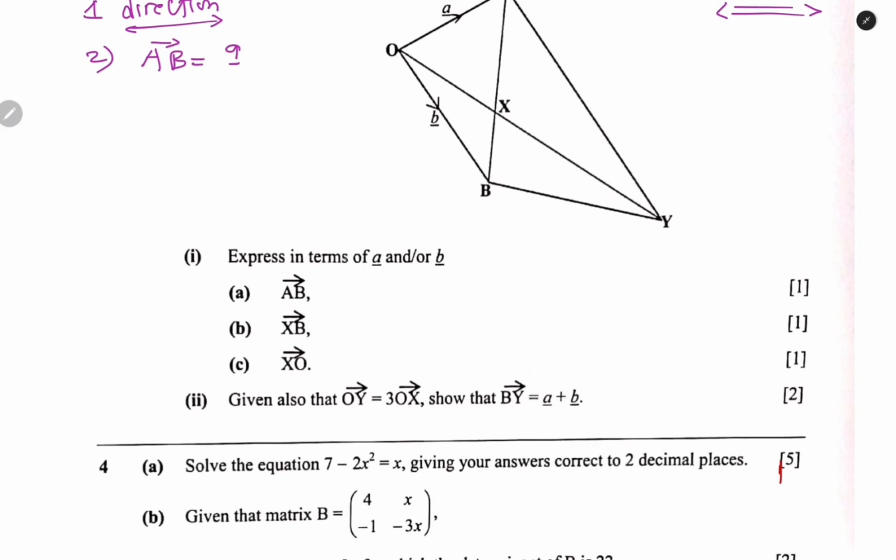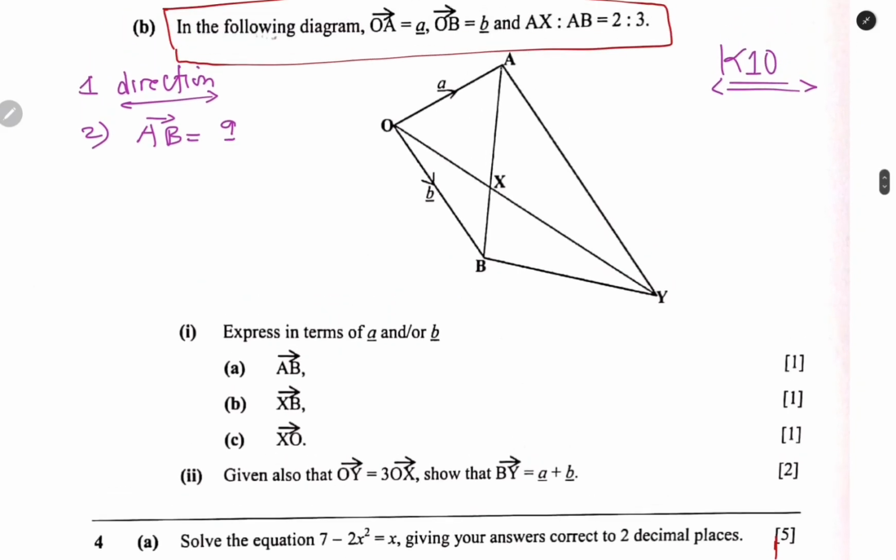So AB, how do we find AB? From here, AB is right here. For you to find AB, normally you start with the first letter because the direction matters, as I said. Which direction are you going to take? So AB, you are going to stand at A. Which direction are you going to take?